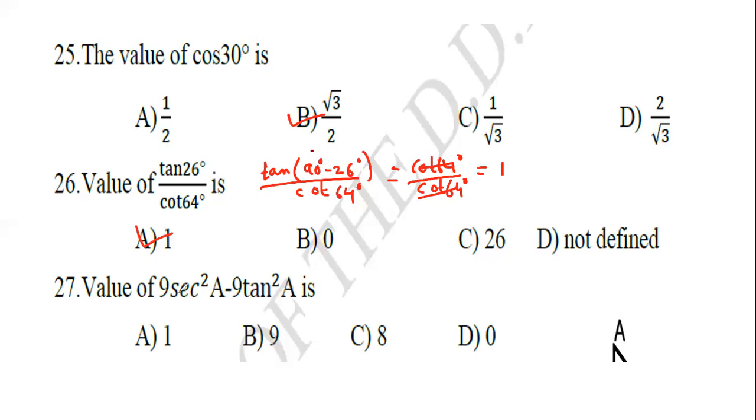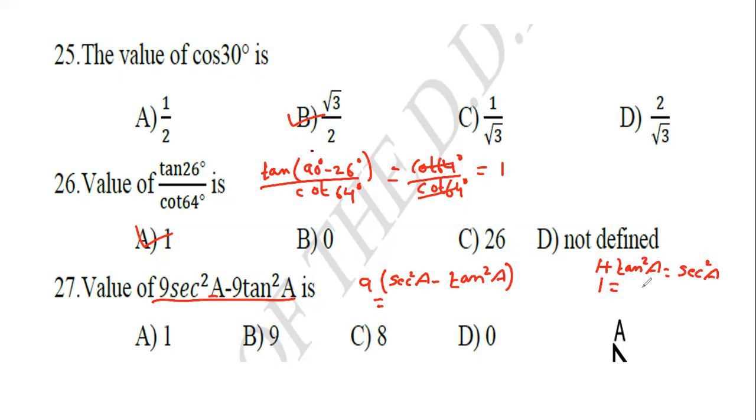Option A is correct. Next, 27th question, 9 secant square A minus 9 tan square A. In this, 9 is common. Take 9 common, secant square A minus tan square A remaining. Again, apply trigonometric identities here. According to trigonometric identities, 1 plus tan square A is equals to secant square A. This one is trigonometric identities.